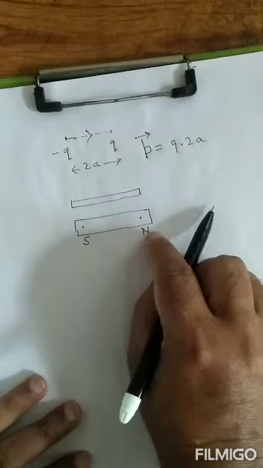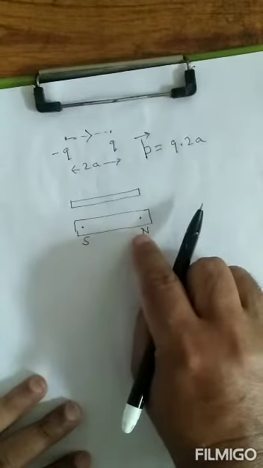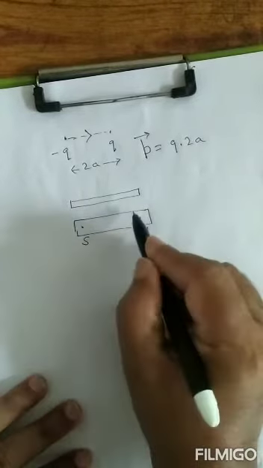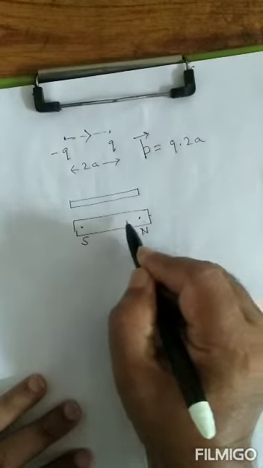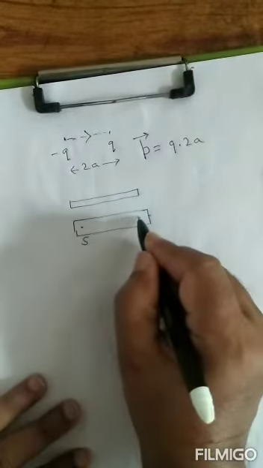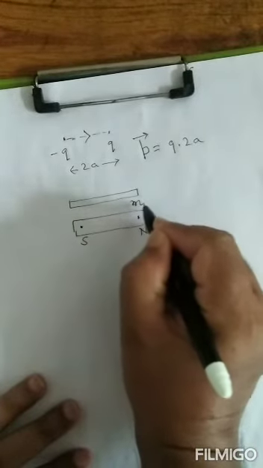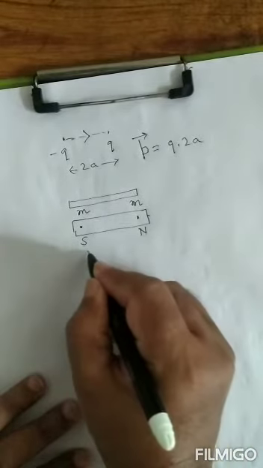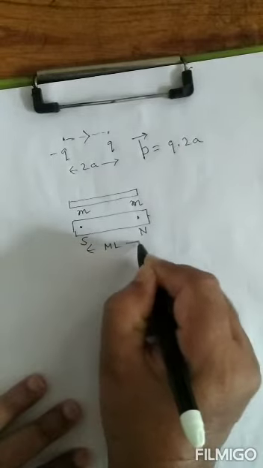But if we say, similar to electric charge, that a magnetic pole or magnetic charge is there, then the magnetic charge is not exactly at the face of the magnet, it is slightly inside the magnet. So this is the north pole and this is the south pole. The pole strength of each pole is equal to m. The distance between the south pole and north pole is called the magnetic length.